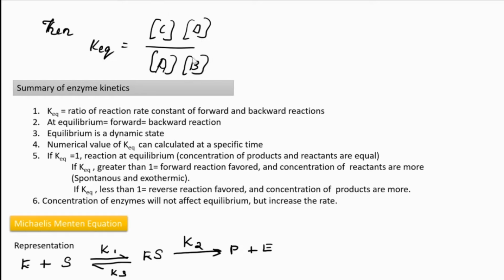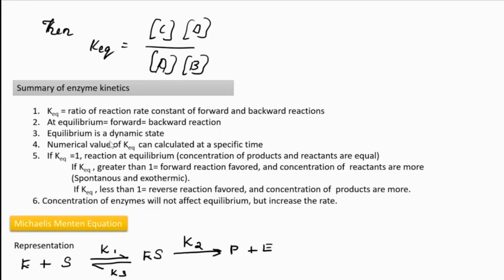This is the forward reaction, because as the reaction proceeds forward, only then we get this one. As the reaction proceeds backward, only then we get this one. So it is the ratio of the rate constants of the forward and backward reactions.